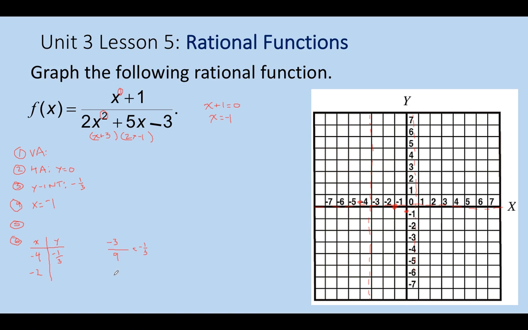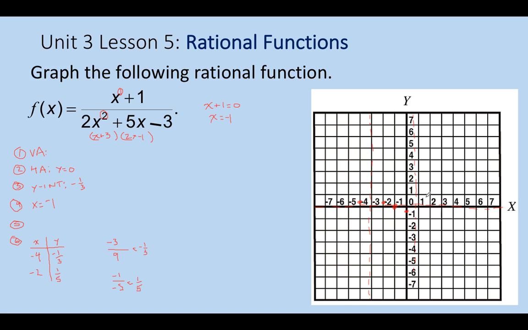That would give me negative 1. And then if I plug in negative 2 at the bottom, I would get negative 5, which means I get positive 1/5 when x equals negative 2. So negative 2, I get 1/5. That's this point right here. And now I've got a little better idea. Again, I think with the asymptotes, I could probably piece it together.